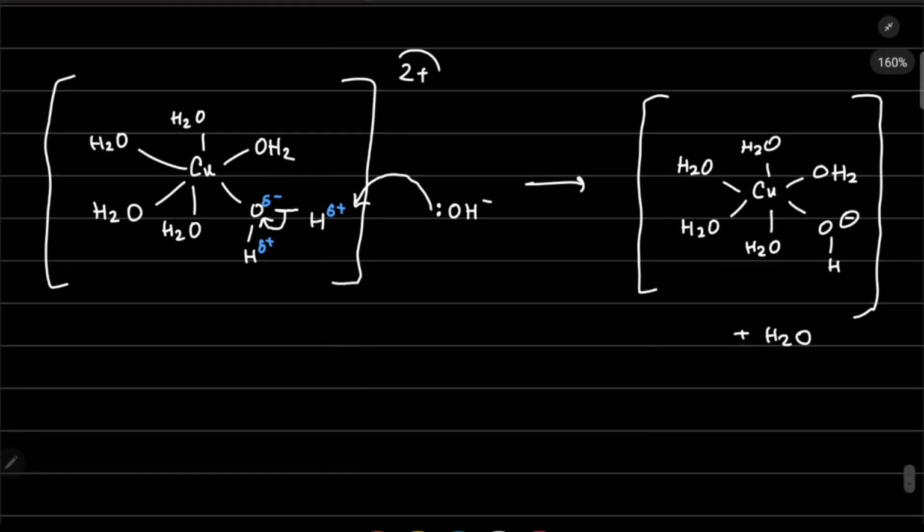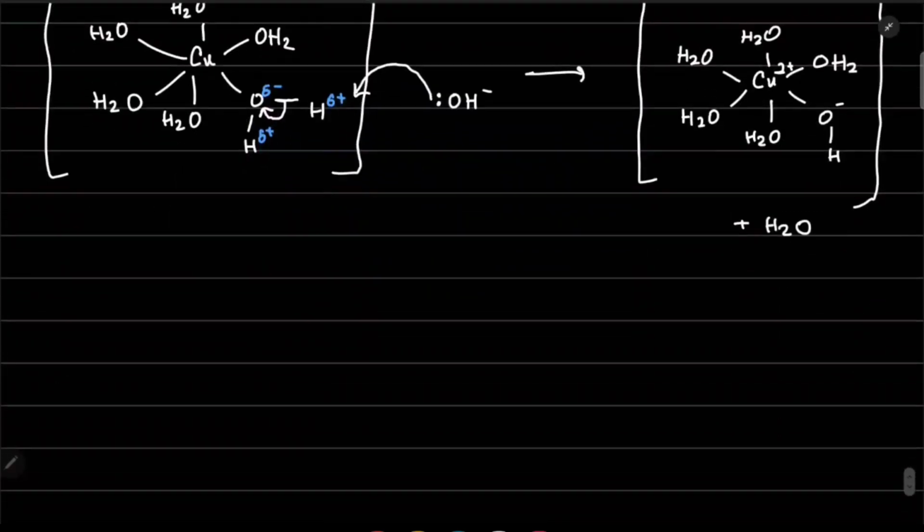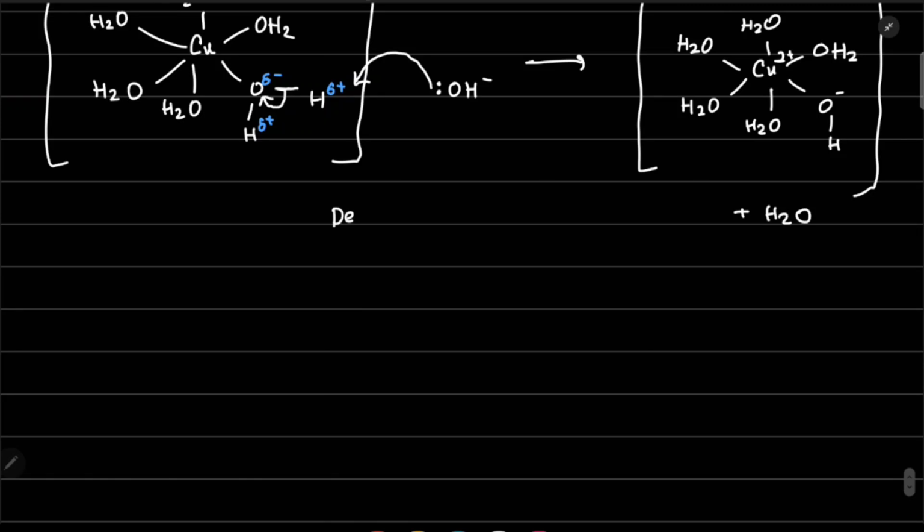This charge will reduce from +2 to +1. Since we have a negative over here, we have a +2 here and a minus over here. +2 minus 1 is +1, so the overall charge is +1. This is the example of a deprotonation reaction. So this is a deprotonation.